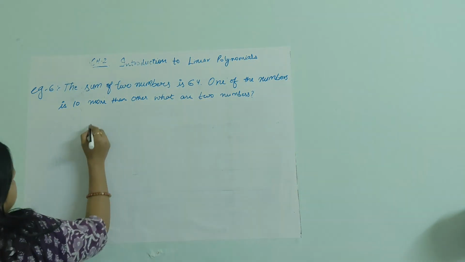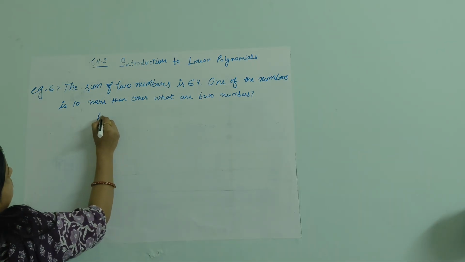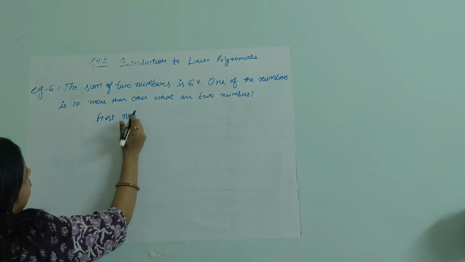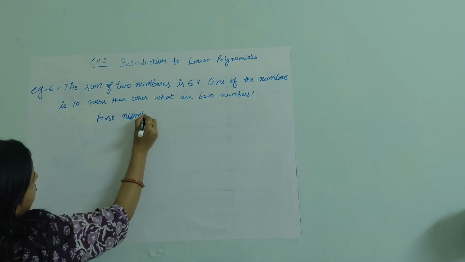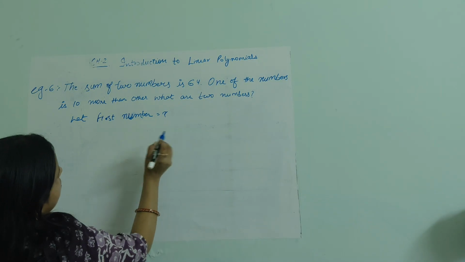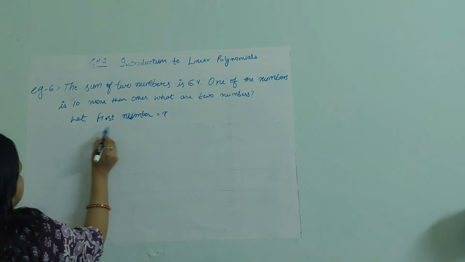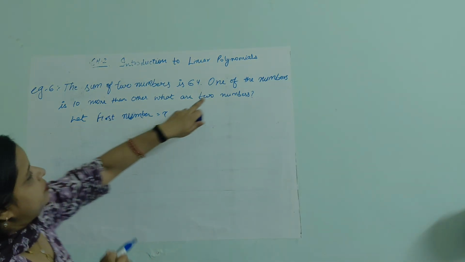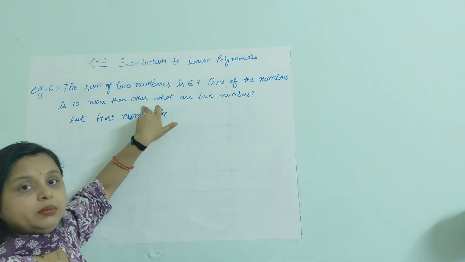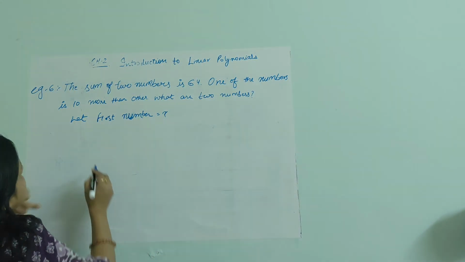Let the first number equal x. One of the numbers is 10 more than the other, meaning one number is 10 more than the other.